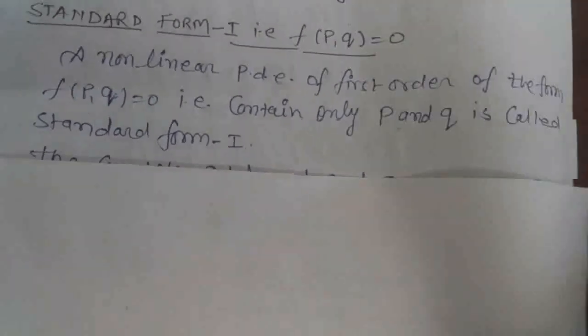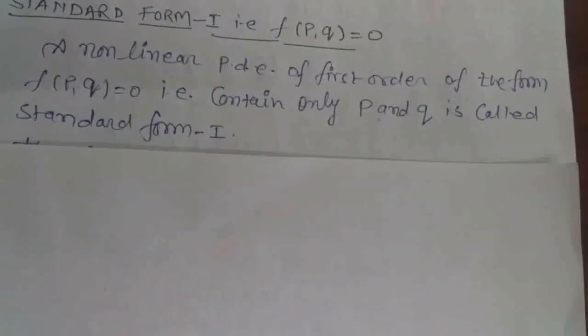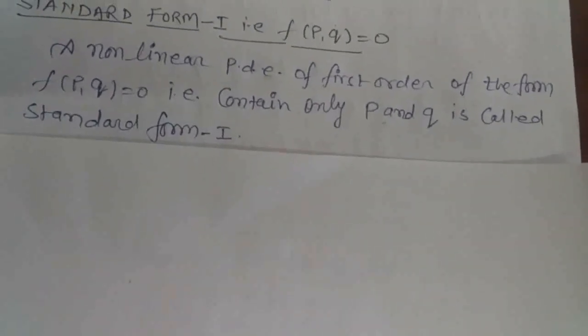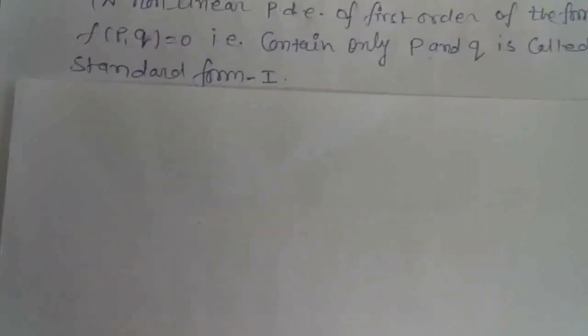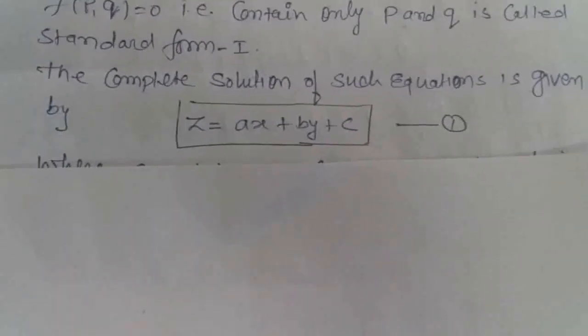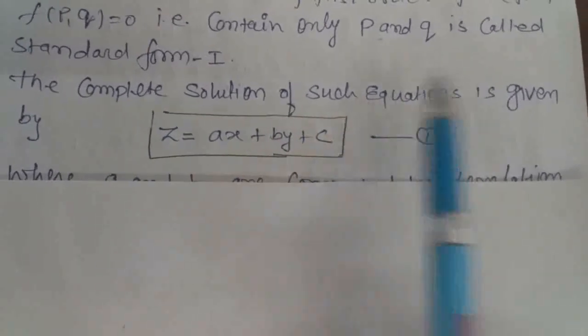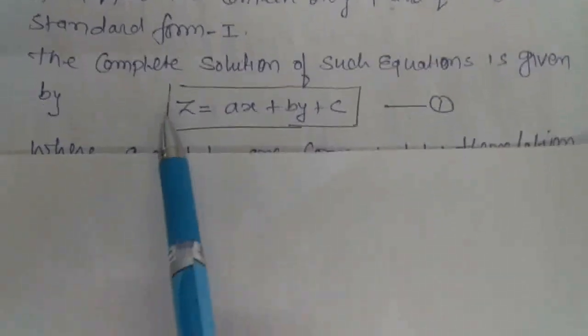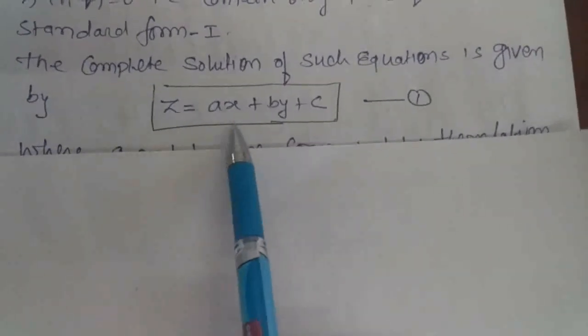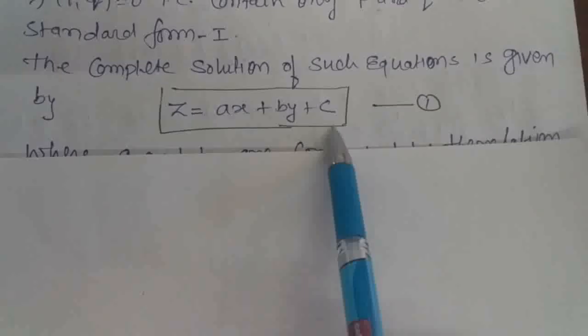So if the given non-linear partial differential equation is in standard form first, then the complete integral is given by z = ax + by + c.